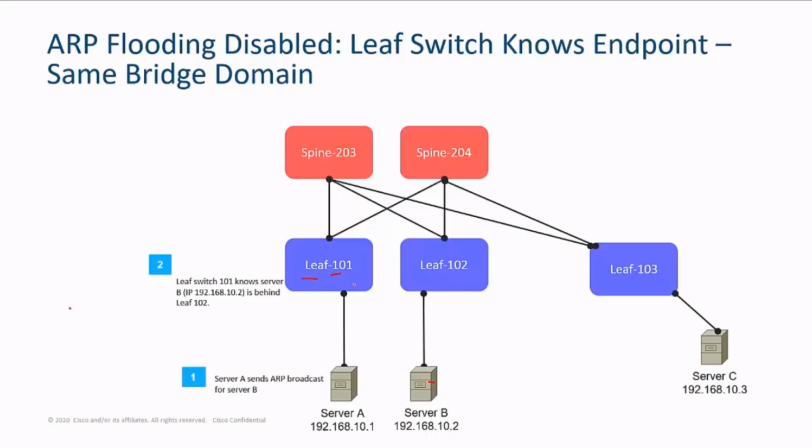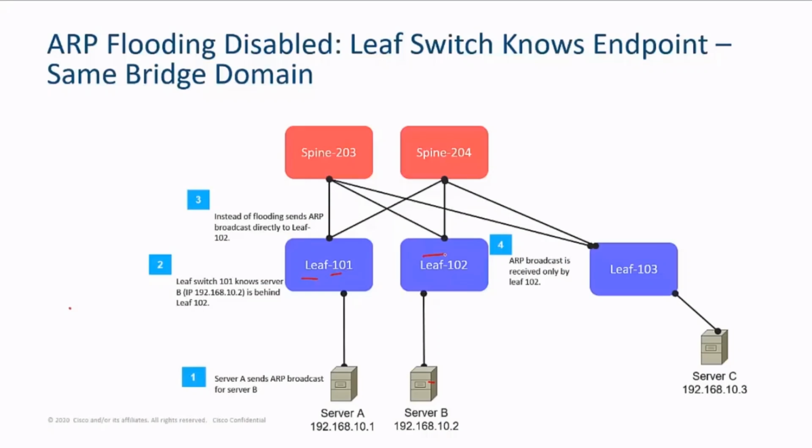Instead, it can take the ARP broadcast and send it directly to Leaf 102. Now, I don't have this in these pictures, but what it would look like is you'd see the ARP broadcast, that would be the inner frame, and then we would have that outer header. The outer header would be destined to Leaf 102's TEP IP. So we would route that encapsulated ARP traffic to Leaf 102.